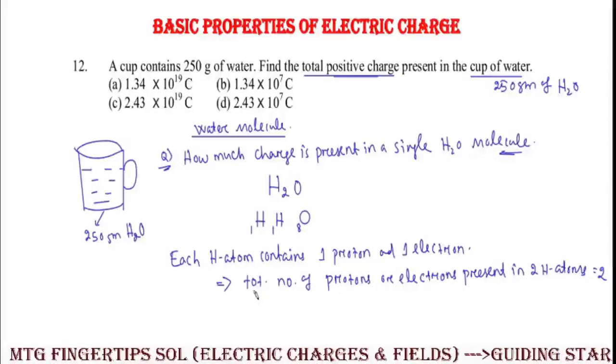Clear? And similarly the total number of protons or electrons present in the oxygen atom will be 8.